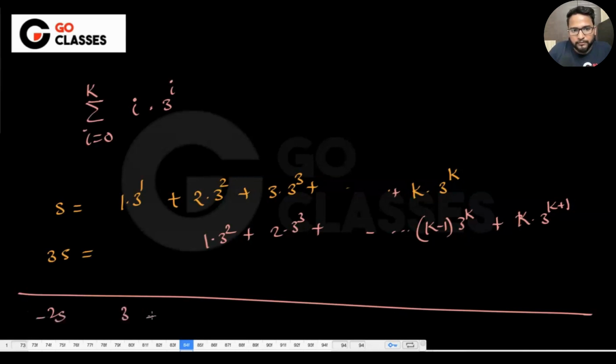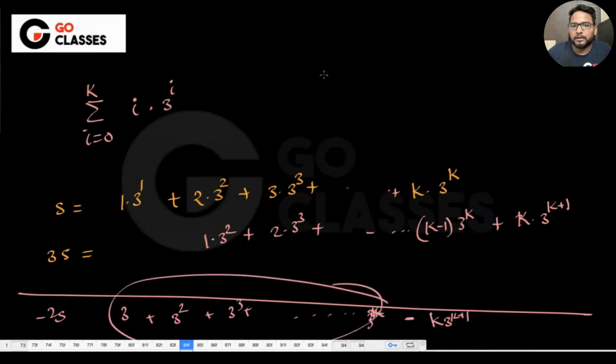This will be 3 plus 3 square plus 3 cube, up to 3 power k, and then ultimately it will be minus of k into 3 power k plus 1, right? So asymptotically, you can say this is just 3 power k, minus k into 3 power k plus 1, which is minus 2s.